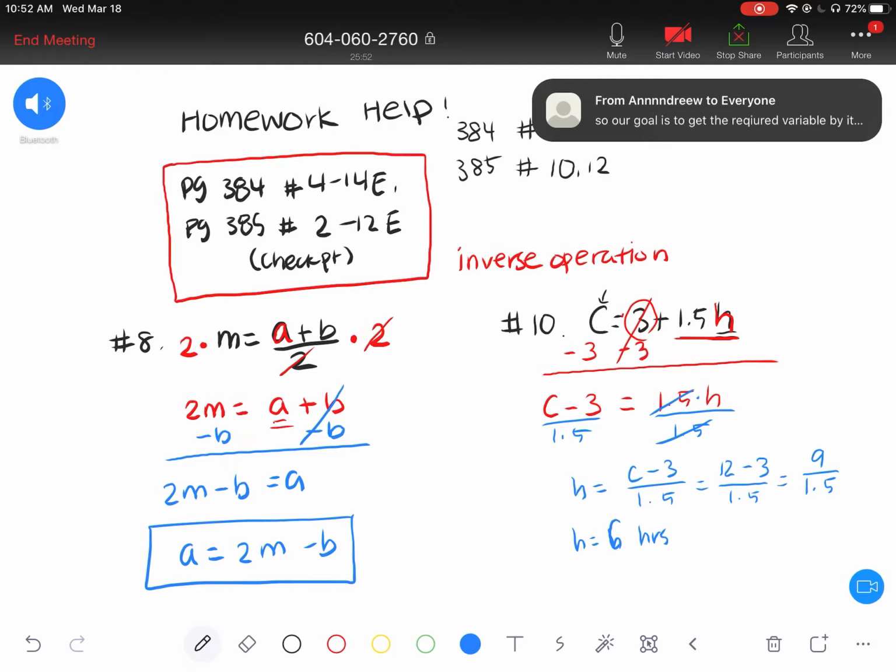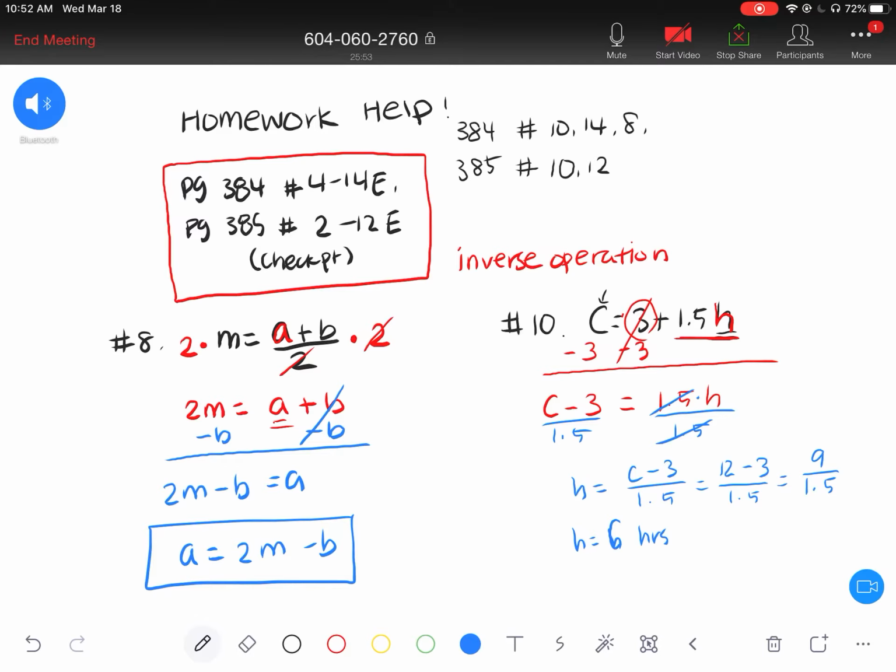Yes, so our goal is to get the variable by itself. It's really what you're doing the whole time. Instead of actually solving the numbers, you just leave it as something like this.